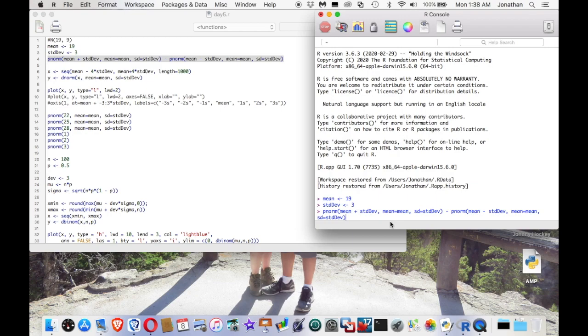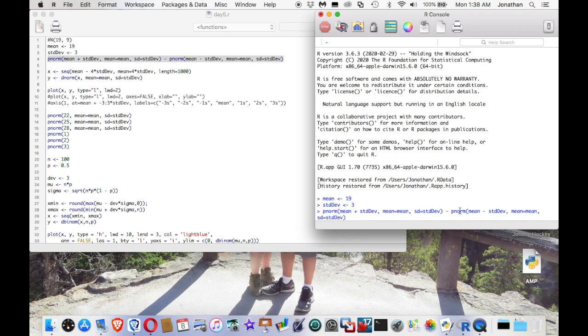So remember that pnorm is going to return the area that is to the left of the value given with the mean and standard deviation parameters here. So we're looking in the first one for the area that is to the left of the mean plus 1 standard deviation, and then we're going to subtract off the area that is to the left of the mean minus a standard deviation.